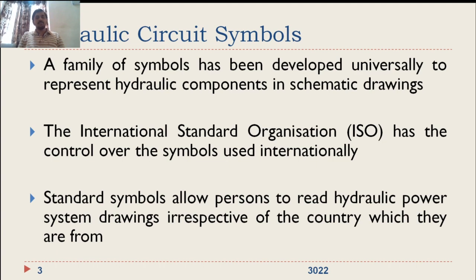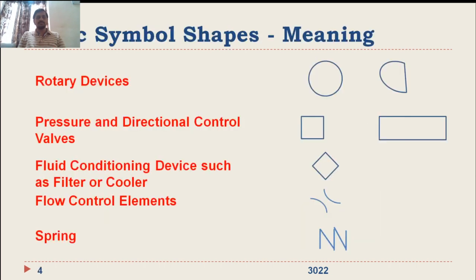If you read a hydraulic power drawing which has come from America, for example, you can simply read it without any write-up to support it. Or if you draw a circuit diagram as per the ISO standard and send it to NASA, they can read that.